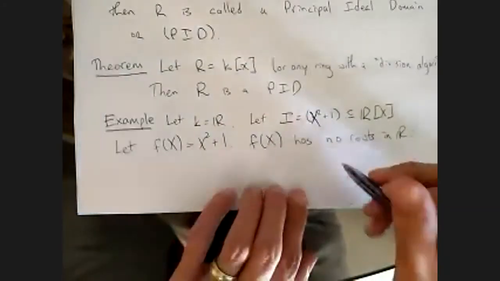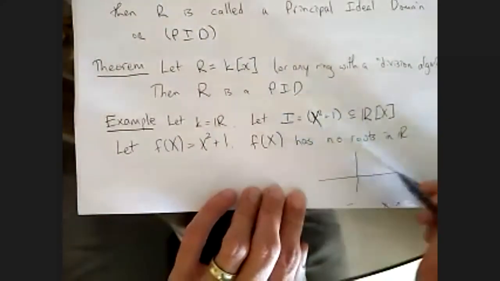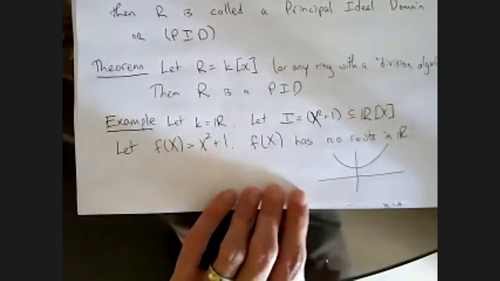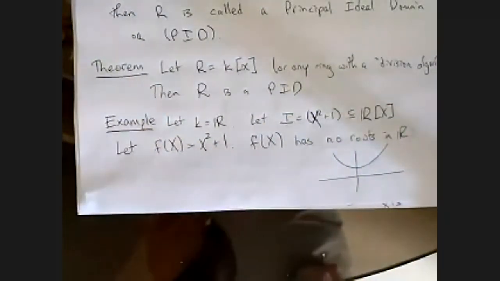Here's f of x. It looks like this. It never meets the x-axis. So it has no roots. And if you're interested in algebra, this is kind of a problem.